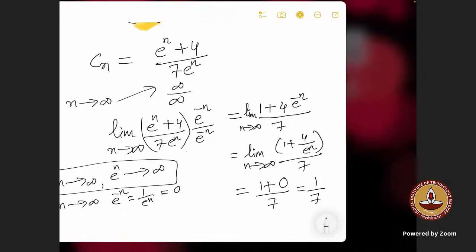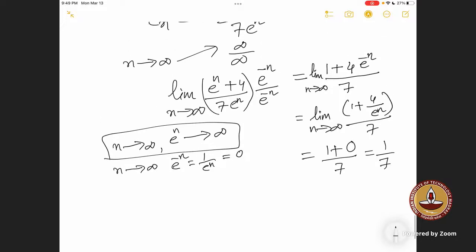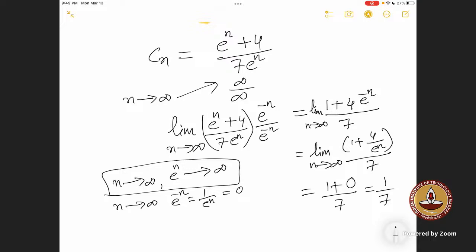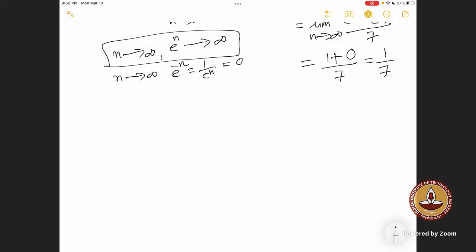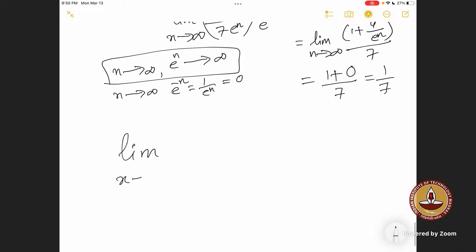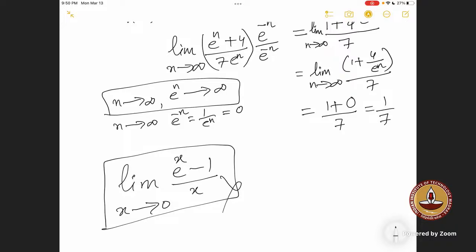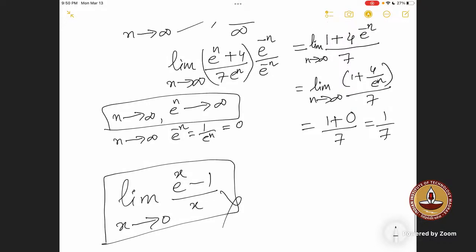Sir, actually, I tried a different way and I got a different answer. I used the formula of e to the power n, 1 plus 1 upon n is equal to 1, and I divided both the sides by 4. But then we need to divide e to the power n by 4 also, and it will become complicated. Have you used this formula? Yes, sir. This formula is nowhere applicable here, right?